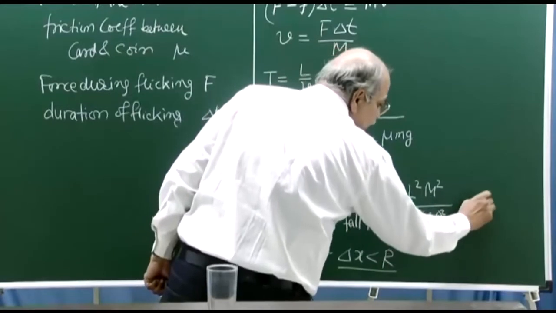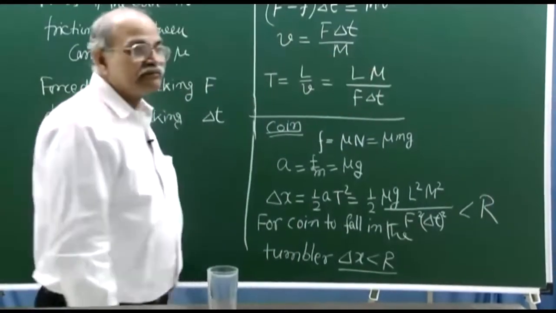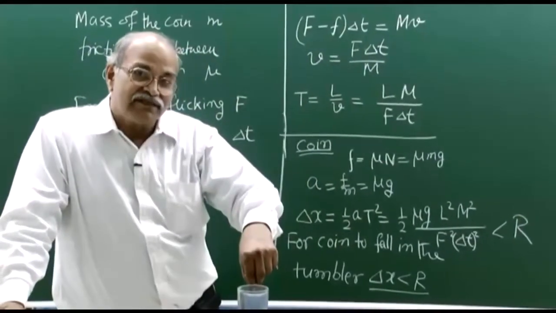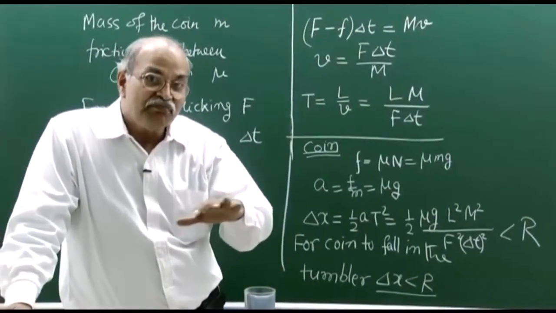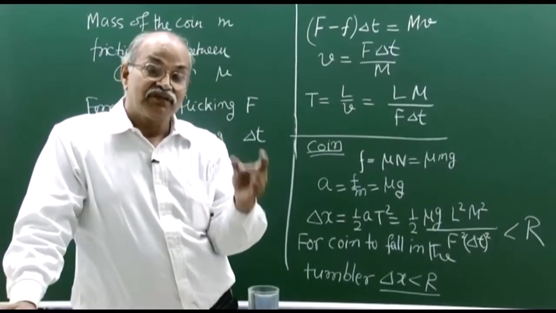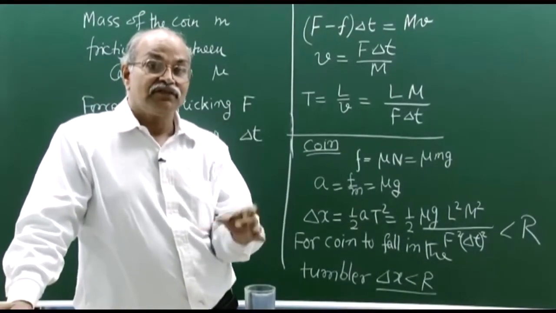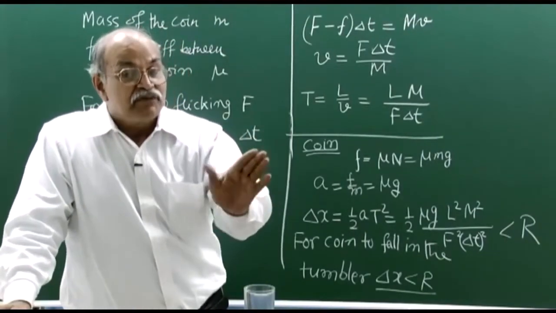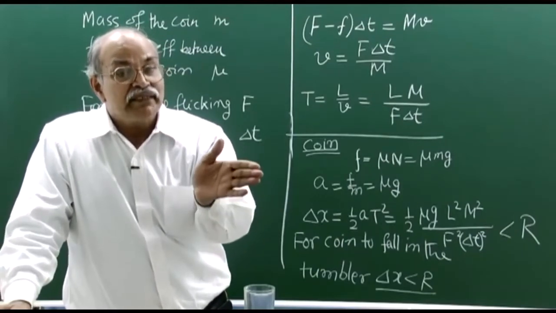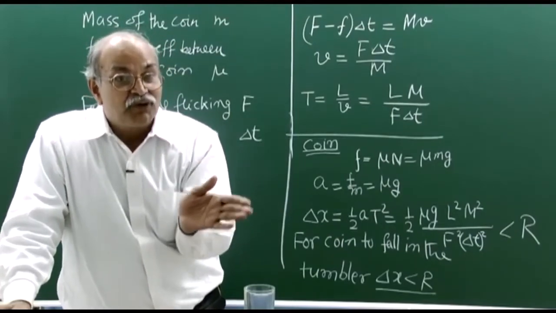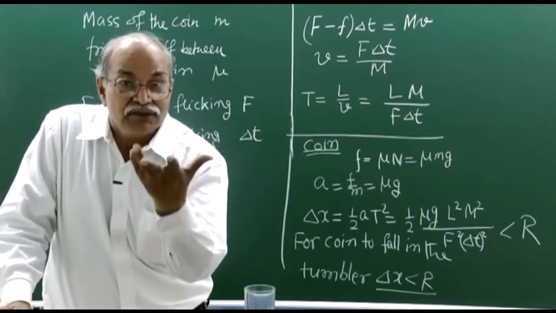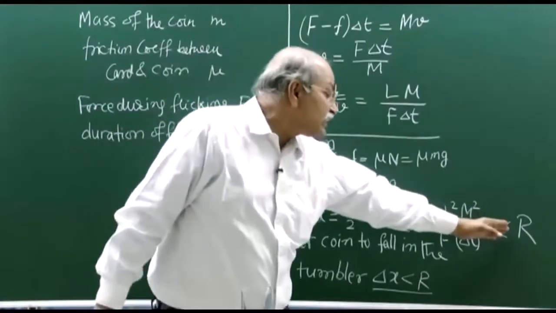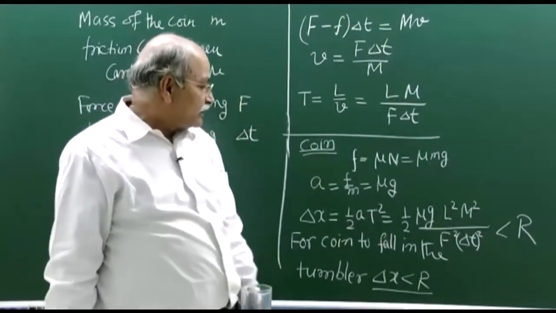So, the coin falls in the tumbler does not mean that because of inertia, because of Newton's first law, the coin remains at rest and the card moves. The coin also moves, but the total distance moved by the coin before this card goes away is this much, and if that happens to be smaller than the radius, then it falls in the tumbler.